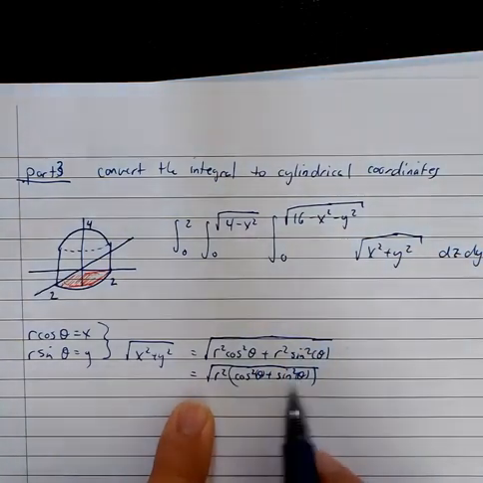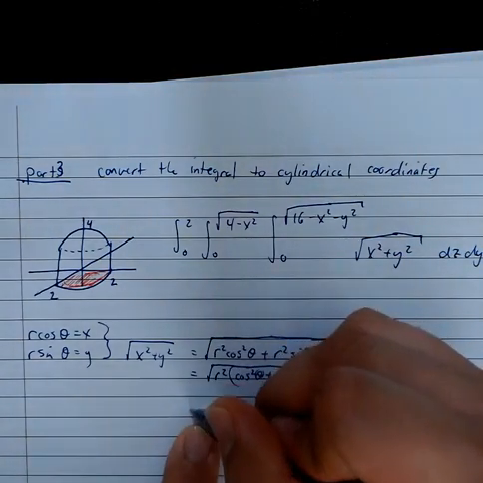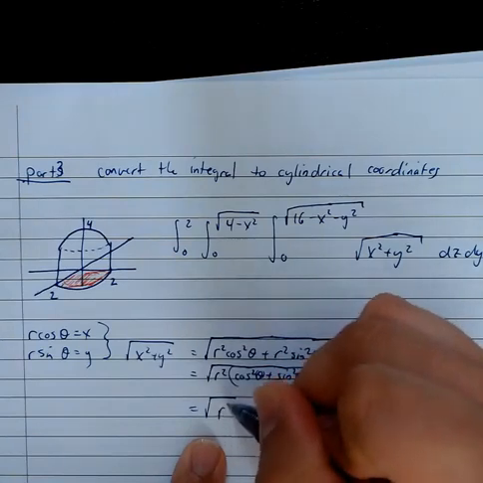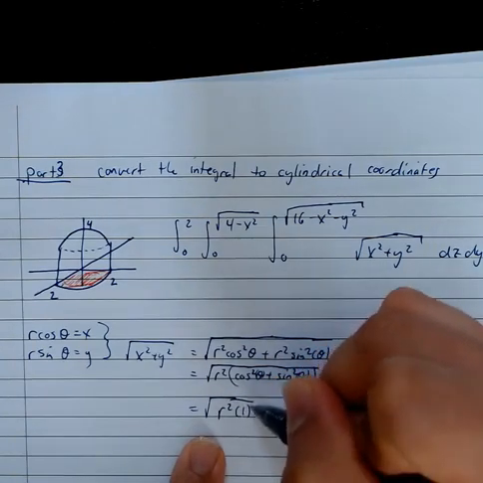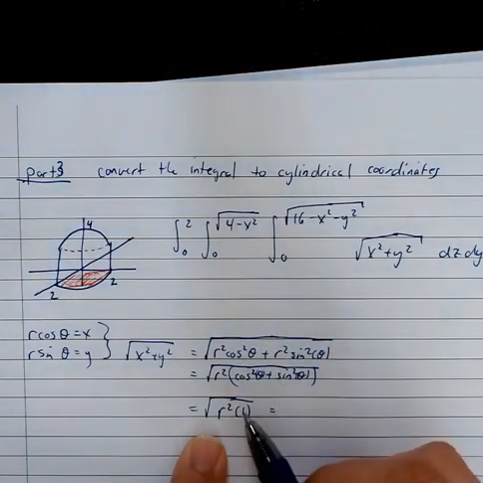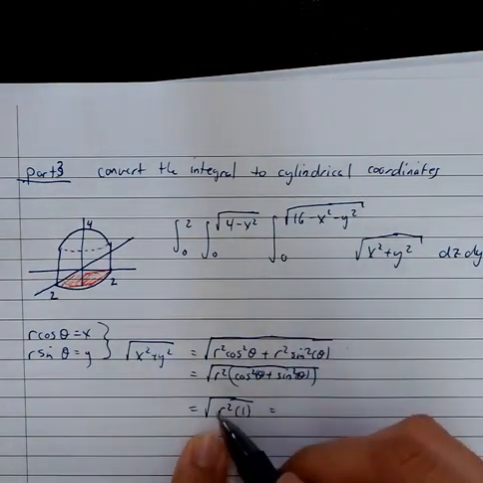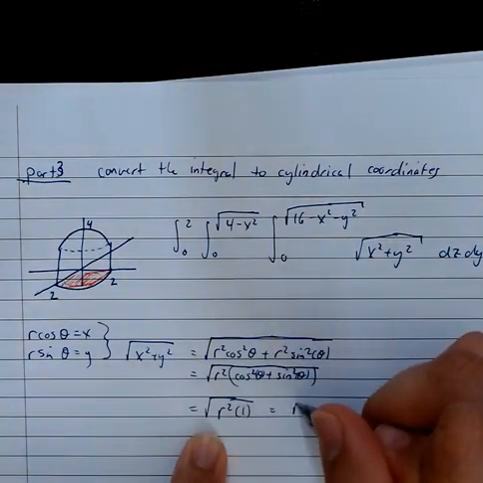But by the Pythagorean identity, that's the number 1. So here that's equal to the square root of r squared times 1. All right, that's the Pythagorean identity from trigonometry. And so now the square root of r squared is just equal to r.